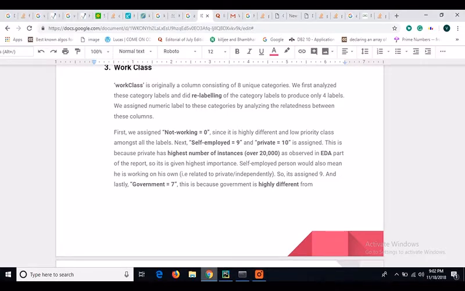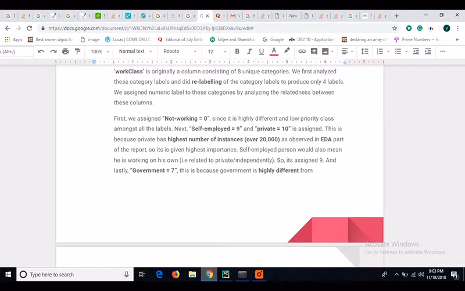Next is the work class attribute. Work class has 8 unique categories, which we will regroup to produce only 4 labels: not working, self-employed, private and government. Now we should also assign a unique numeric label to each of these 4 categories so that Euclidean distance can find the distances between data points using different priorities. Since not working is highly different from all the other working categories, we'll assign it the least priority of 0.